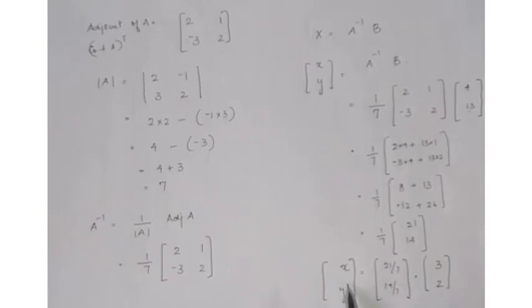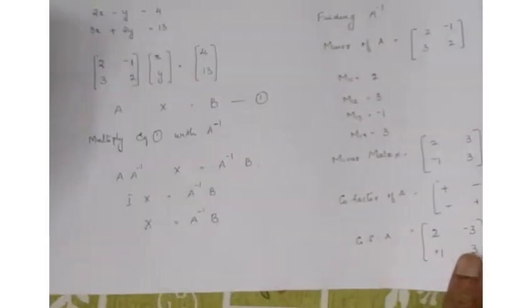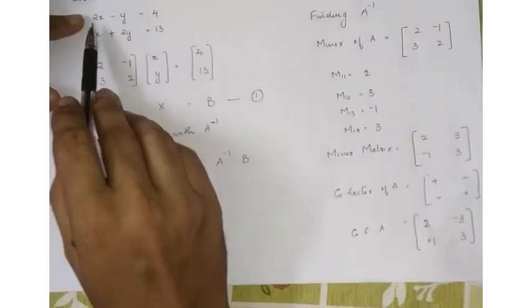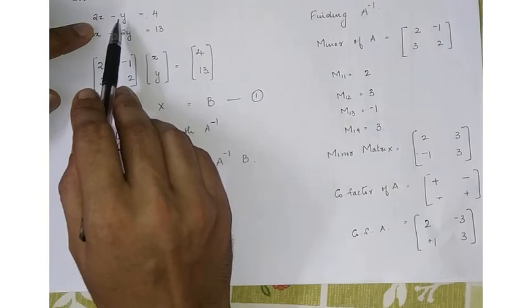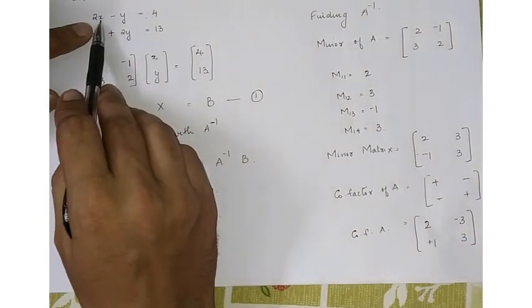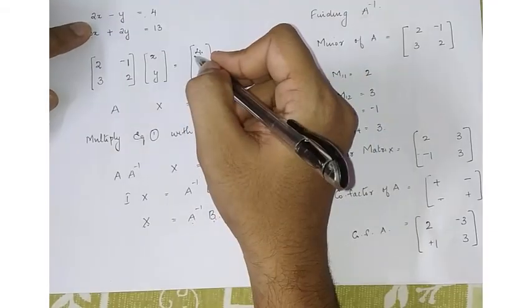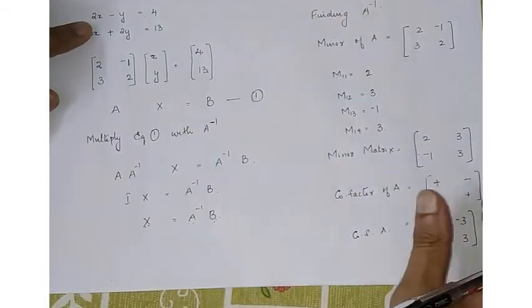Now this gives us the final result. Here we know that x is equal to 3 and y is equal to 2. Now we'll do a small check here. x is equal to 3, y is equal to 2. Now we'll try to do mental multiplication.